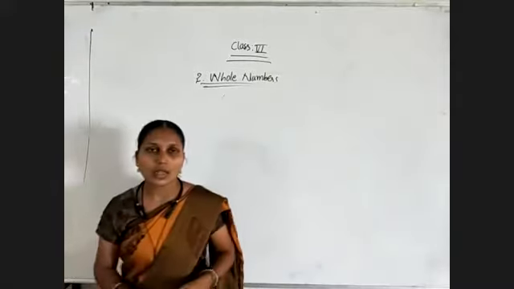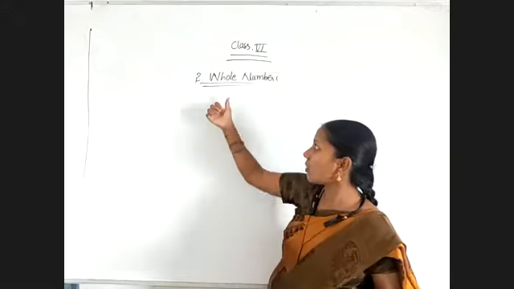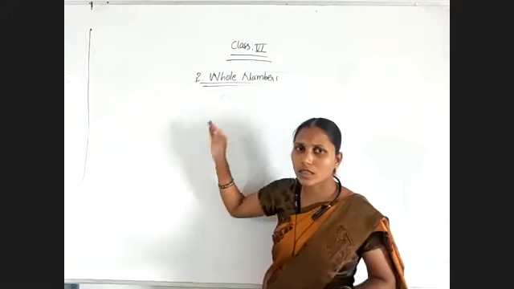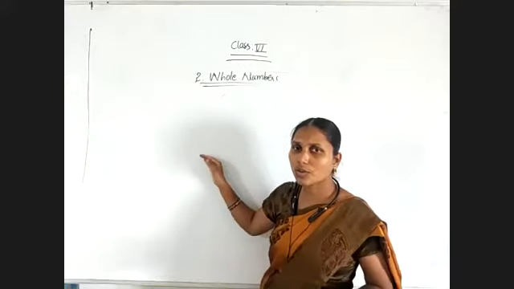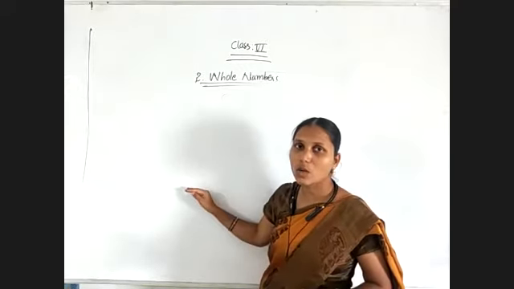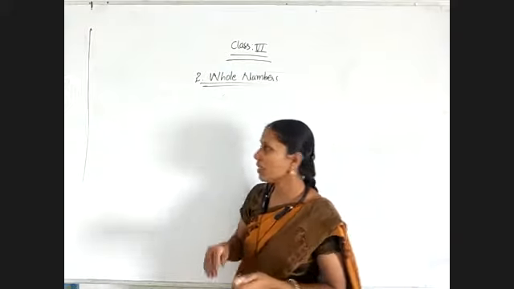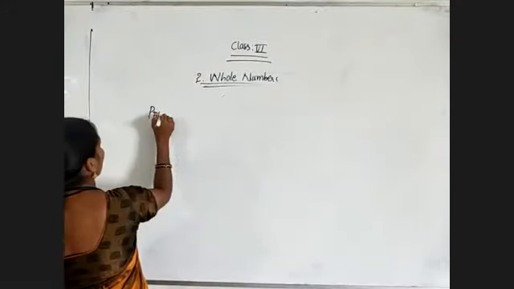As I told you first, in this chapter we are going to learn what the whole numbers are, what the properties of the whole numbers are, and how to create patterns between the whole numbers. That's all, this much only we are going to learn. Now, what are the different properties of whole numbers?